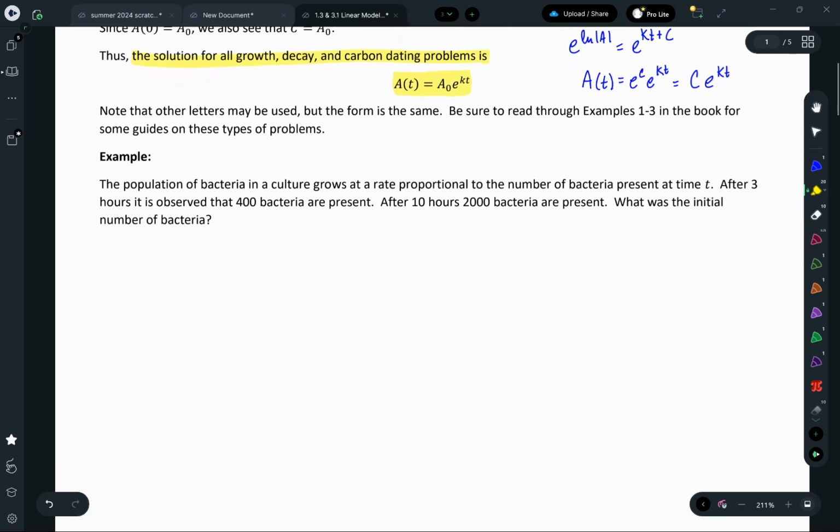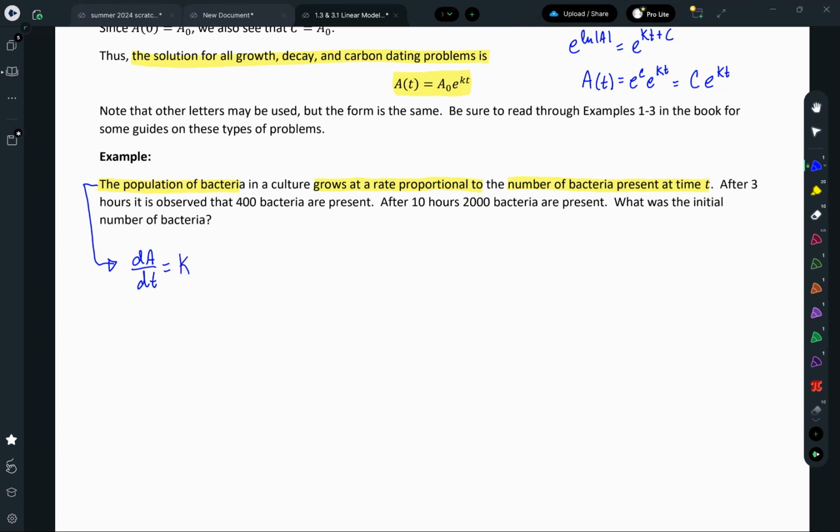Our example says that the population of bacteria in a culture grows at a rate that is proportional to the number of bacteria present at time t. This sentence right here, the population of bacteria grows at a rate proportional to the number of bacteria present at time t, that sentence right there is telling me dA/dt, that's the grows at a rate that is proportional to, and when we say proportional to, that is implied to be directly proportional to.